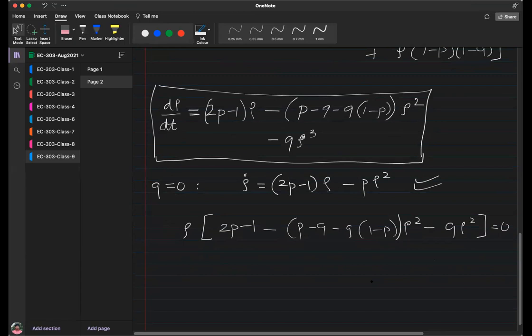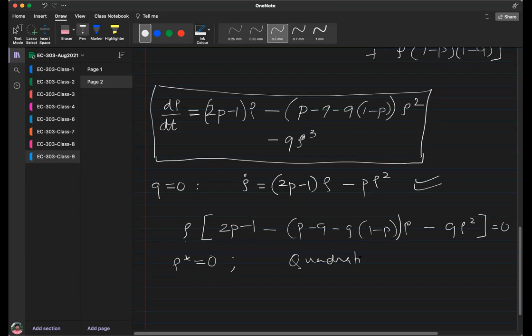So one equilibrium remains the same: setting just rho equal to 0, the extinction equilibrium, remains the same. The other two we can find out by setting this entire thing to 0. This is basically a quadratic equation. There is no rho square here, it's just rho. Because I have taken the rho as a common factor, we have a quadratic equation.